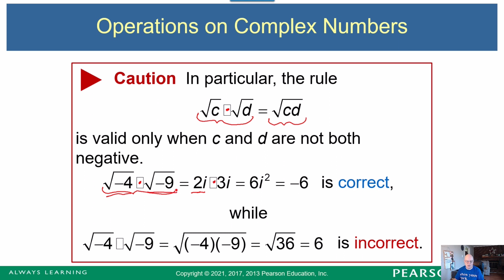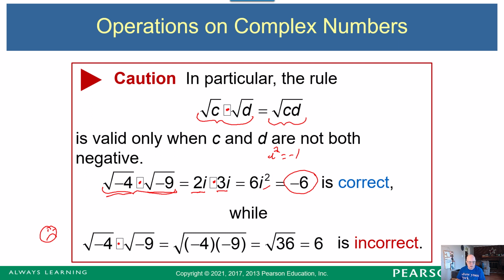This simplifies to 3i. Put that together, you've got 6i squared. And remember, i squared is -1. So you've actually got 6 times -1. So the answer is -6. Now what you don't want to do, put a frowning face on this one.